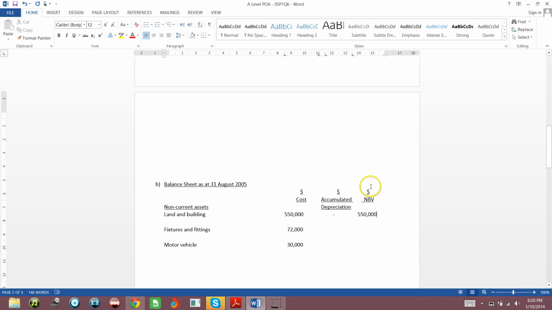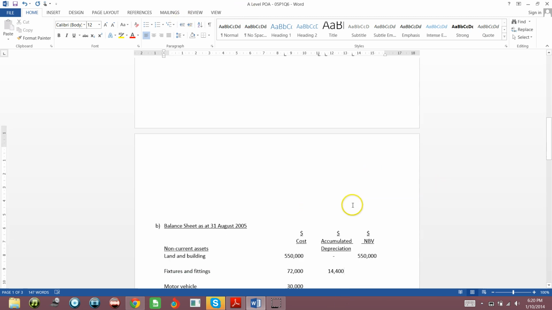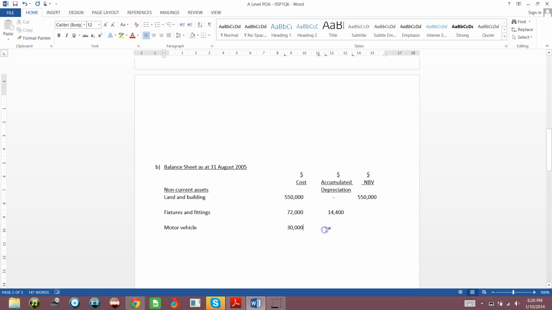And then for the fixture and fittings, just now we calculated the depreciation, which is just this year's depreciation, because there's no accumulated depreciation brought forward. It will be 14,400. And then the motor vehicle depreciation is 7,500.